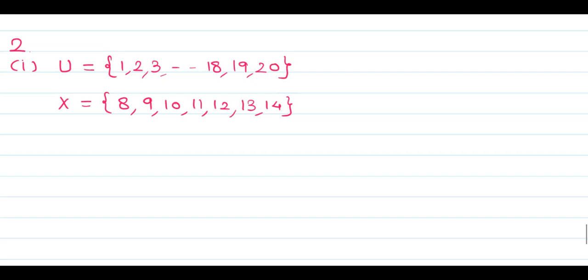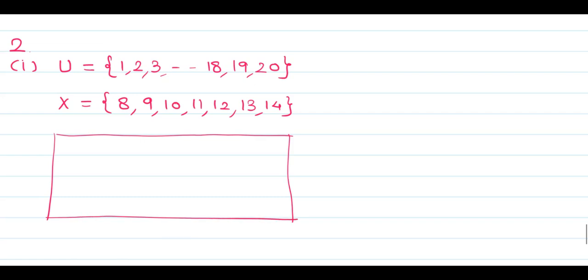We can show it with the help of a Venn diagram. Now see this Venn diagram. That is a circle. It's capital X. The elements are 8, 9, 10, 11, 12, 13, 14.